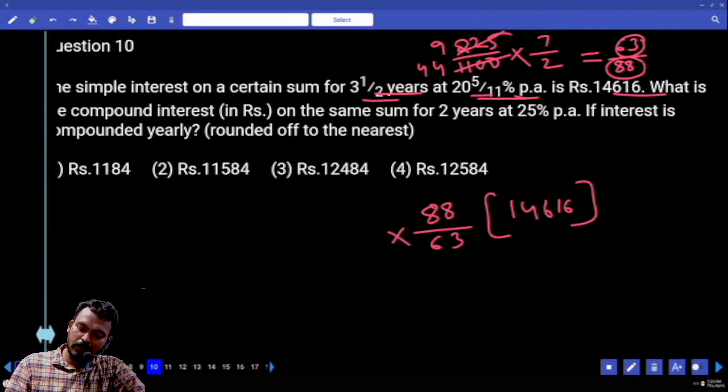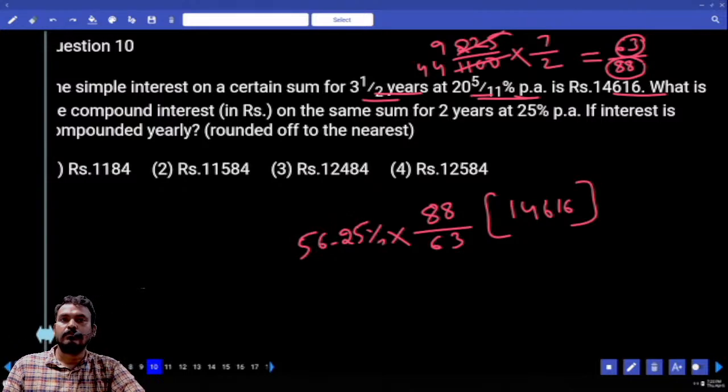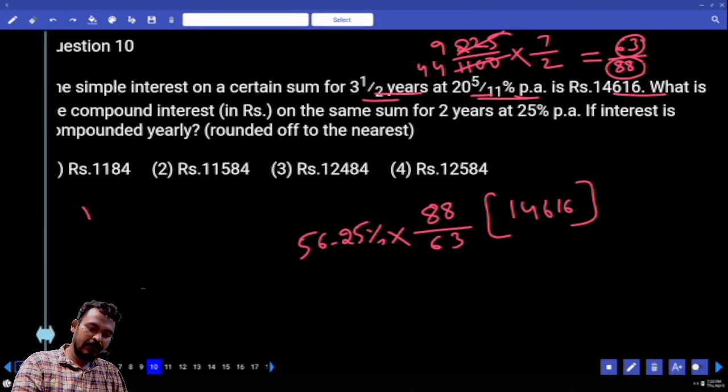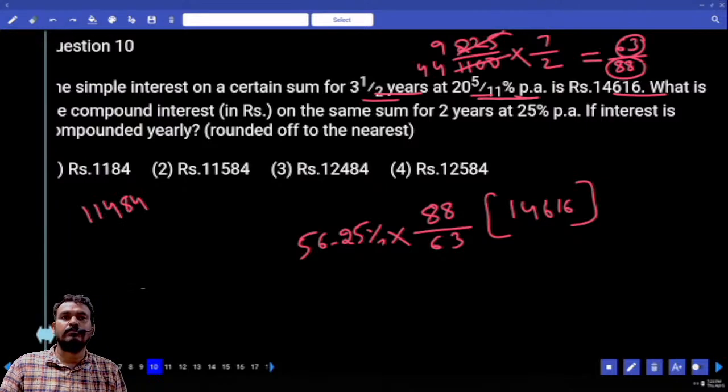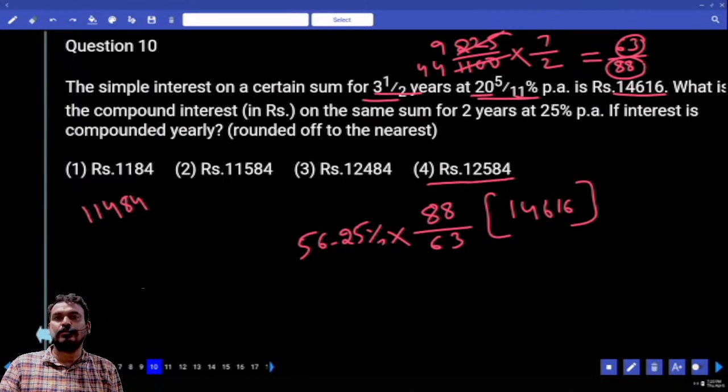In this one, we required how much percent? 56.25%. 88 is a multiple of 11. 11,484 in the first option is also a multiple of 11. 12,584 is also a multiple of 11. In these two options, which one is a multiple of 3? Only the first one.